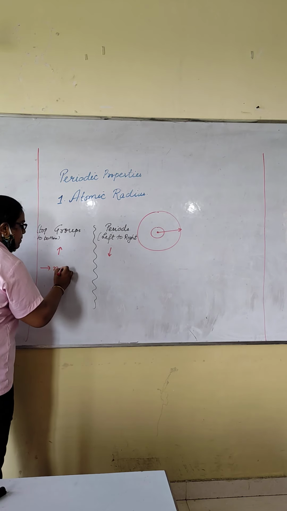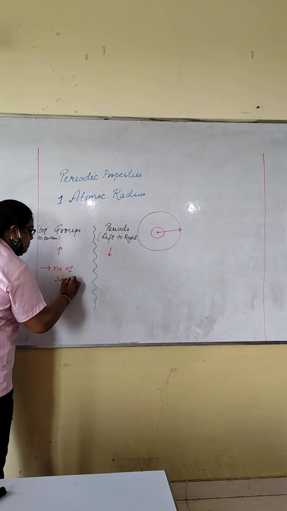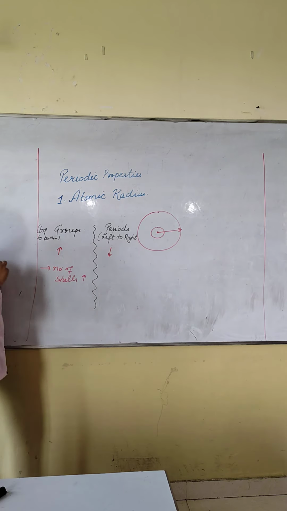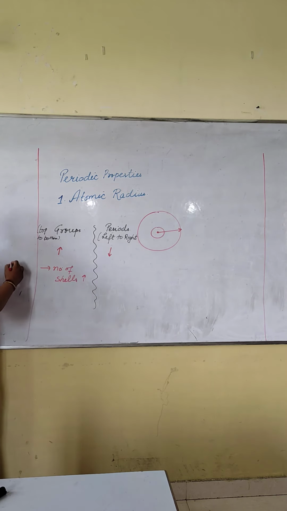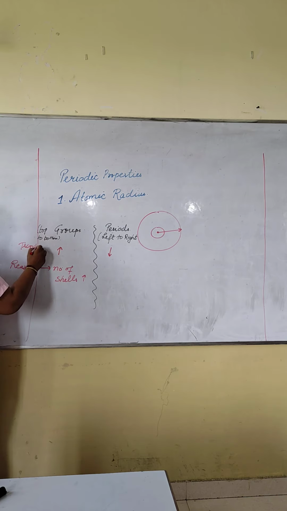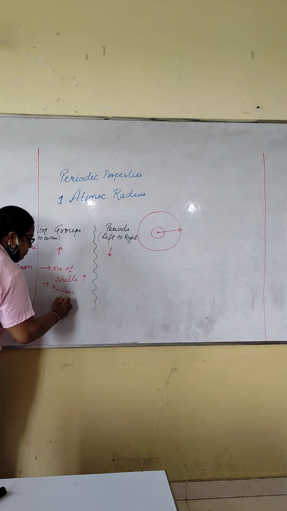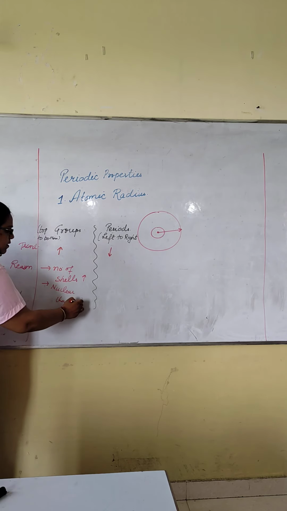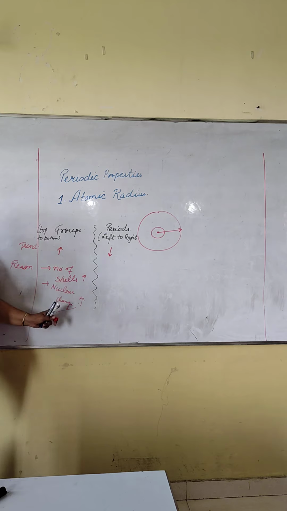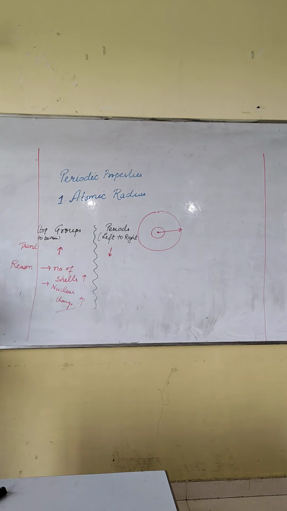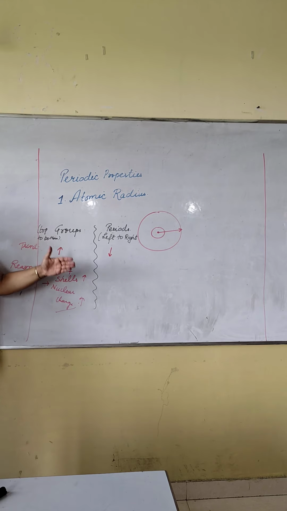Because number of shells increases and nuclear charge also increases. These two are contradictory statements. Number of shells increases means size will increase.